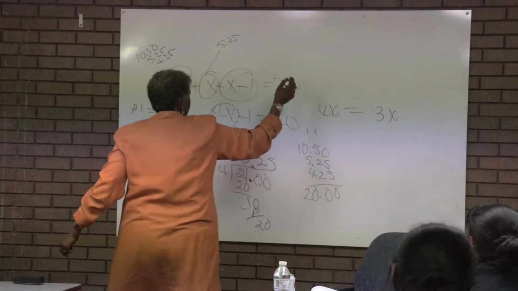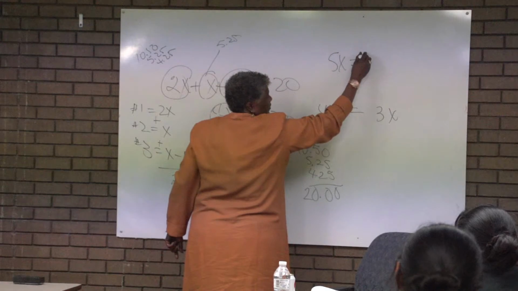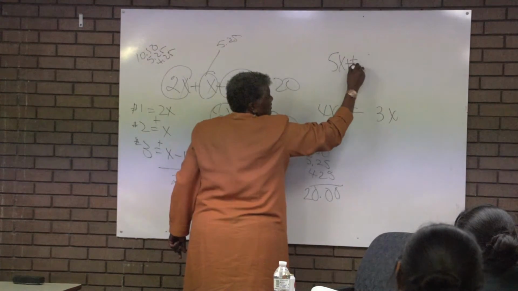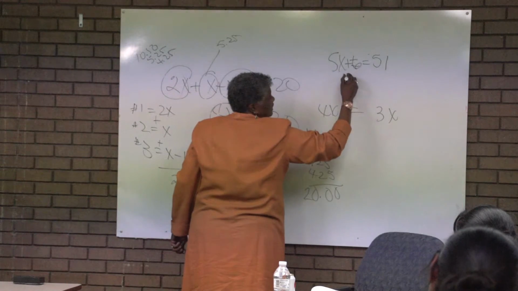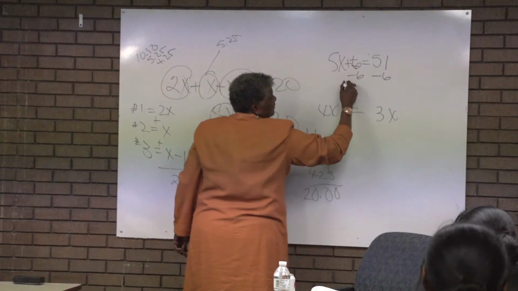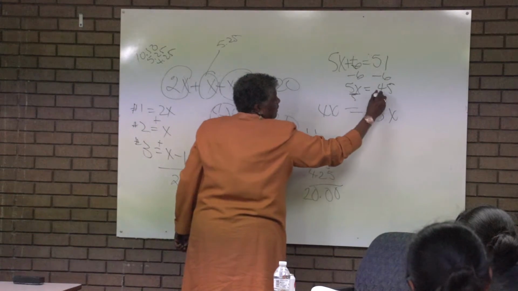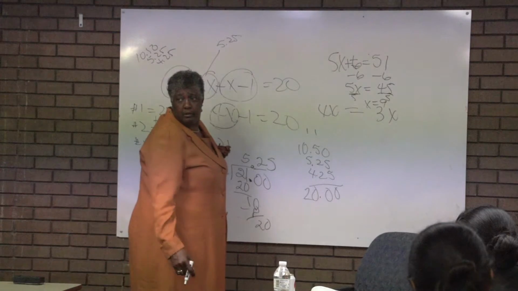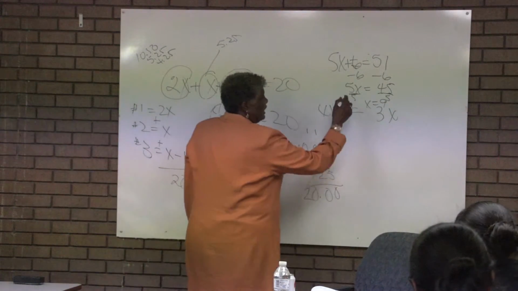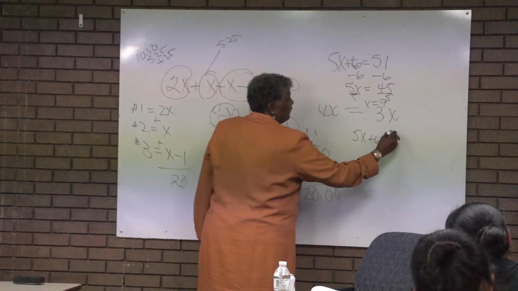When you get here, you had 5x plus 6, right? Equals 51. You can do it your way and you still get your 9. What we said right here is that 5x plus 6 equals 51.